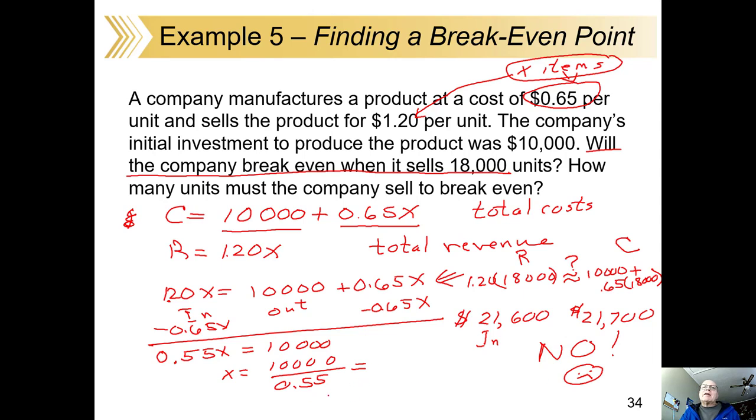What's it going to take to break even? We've already done most of the hard work. We'll take that 10,000 and we'll divide it by 0.55, and I'm going to need to sell 18,182 items to break even.